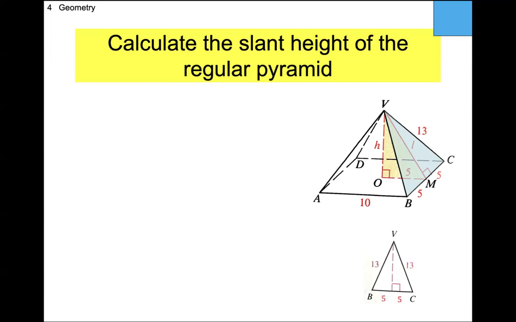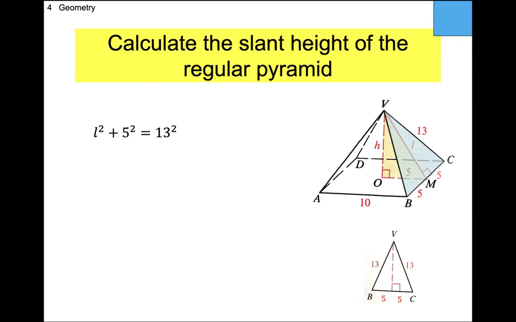We know the base is 10, so half of 10 is 5. And now notice I have two sides of a right triangle. Therefore, I can calculate the third side by using the Pythagorean theorem or recognize that particular one is a 5, 12, 13 Pythagorean triple. So let's see, L squared, that's the red dotted line I'm trying to calculate.